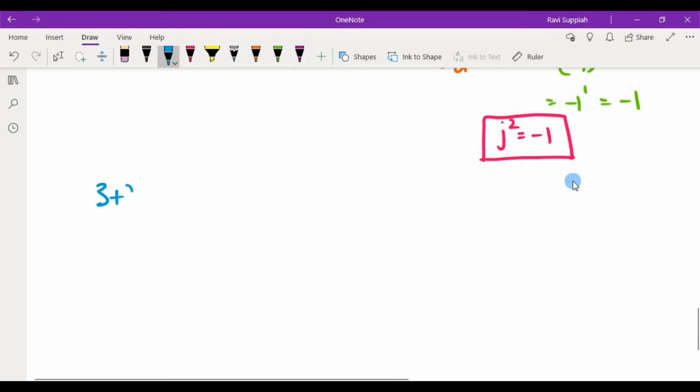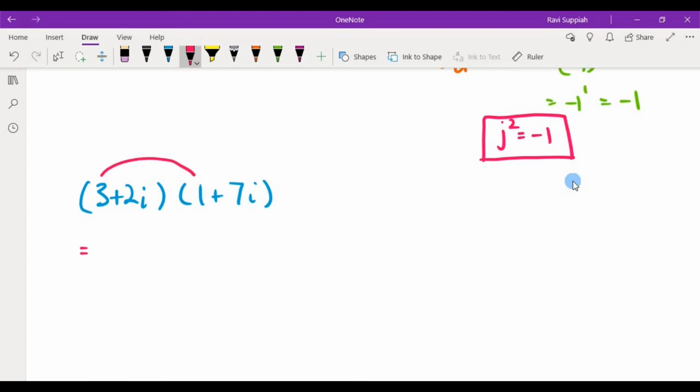Okay, so let's try this example here. 3 plus 2i multiplied by 1 plus 7i. Okay, so what we're going to do is the same approach here where we're going to expand.